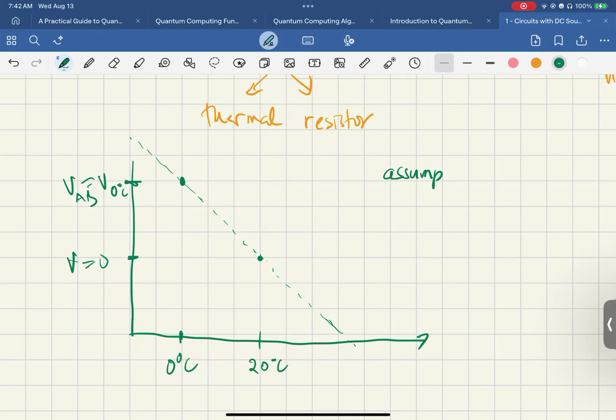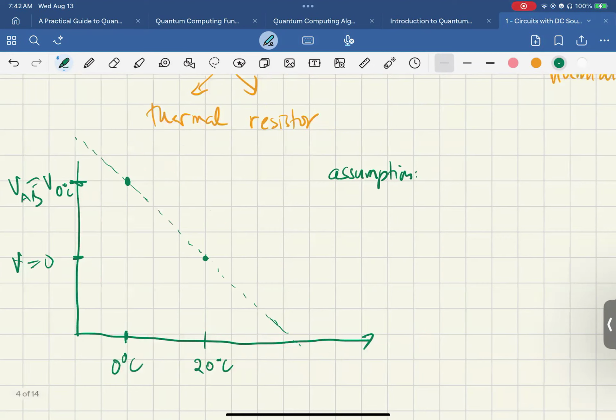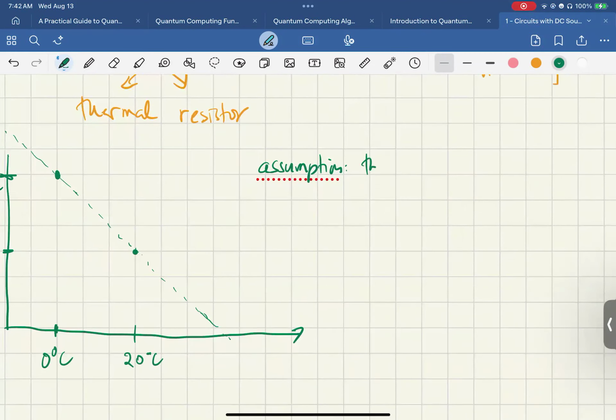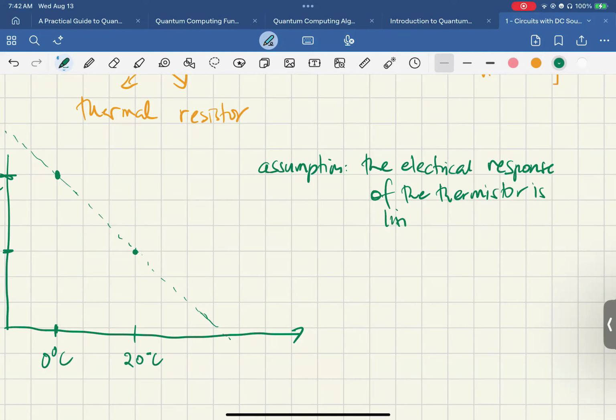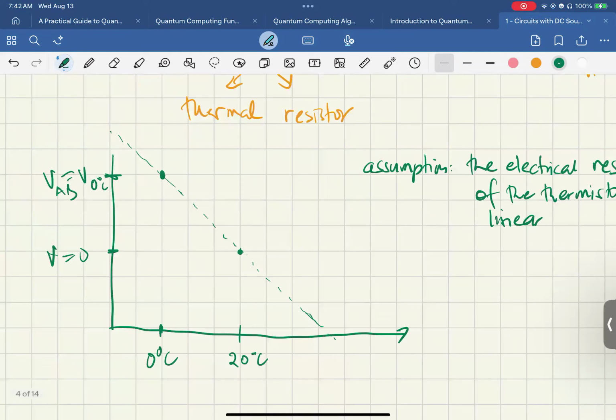So the assumption is that the electrical response of the thermistor is linear. So yun yung unang assumption.